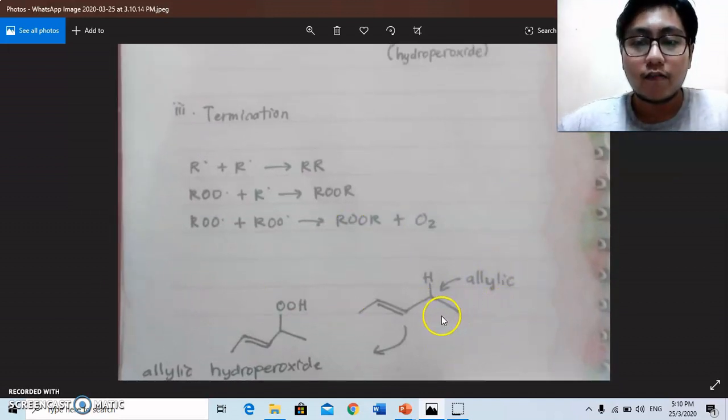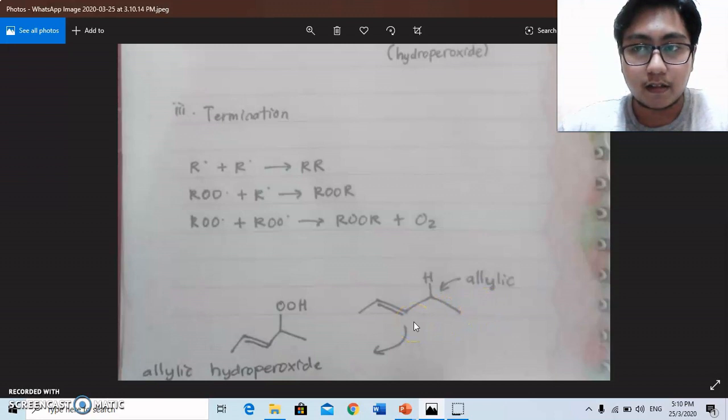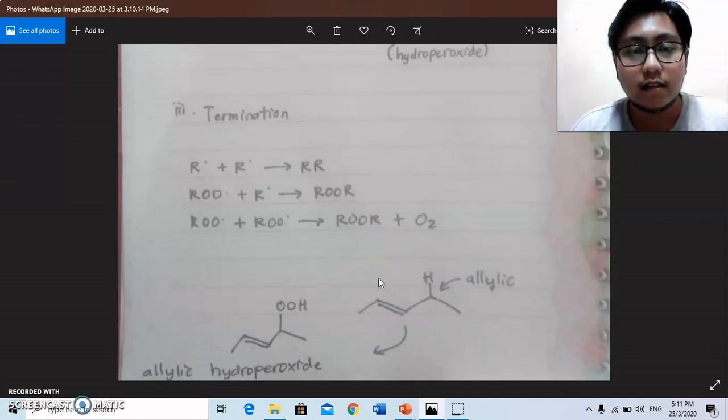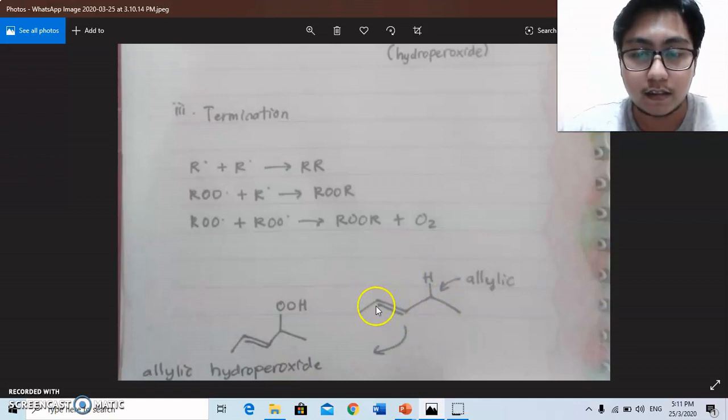Alright, so fatty acids, mainly unsaturated fatty acids like this, a lot of them have this position here, where there is an H in the allylic position. The allylic position is an H that is attached to a carbon next to a double bond.